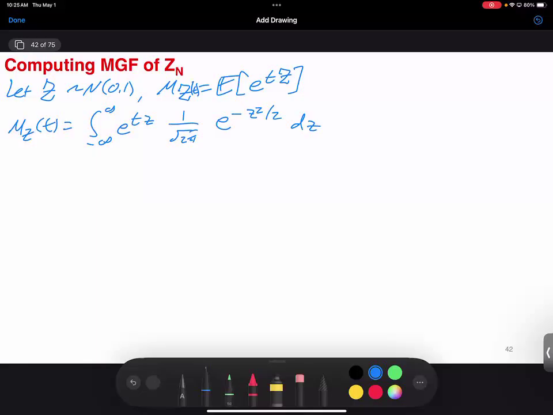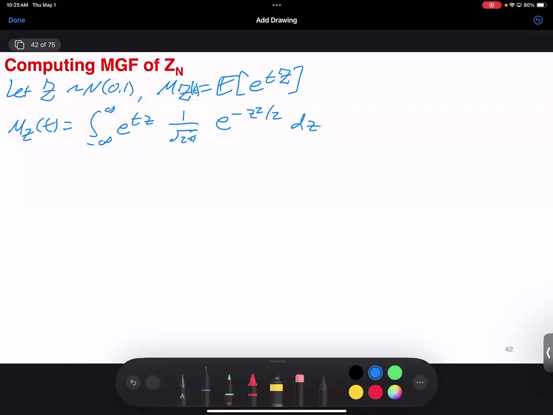Any thoughts about how we should handle the algebra? We have an e to the tz, we have an e to the negative z squared over 2. What could we do? We could pull out things that don't depend on z, like the 1 over square root of 2 pi. How should we handle the e to the tz and e to the negative z squared over 2? Yeah, put them together.